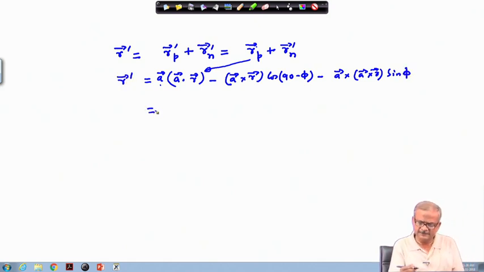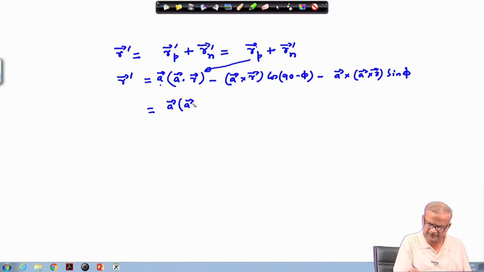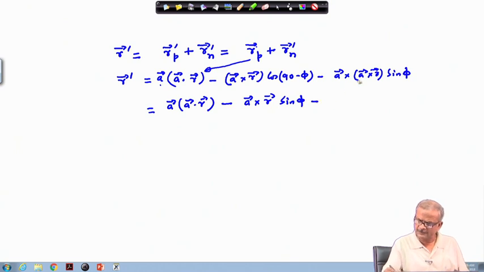Now, we have to get this into the matrix format to see that everything is correct. Okay. So, one more step we will simplify this as, this is sin phi. So, this is a cross r sin phi, and this we need to work out.